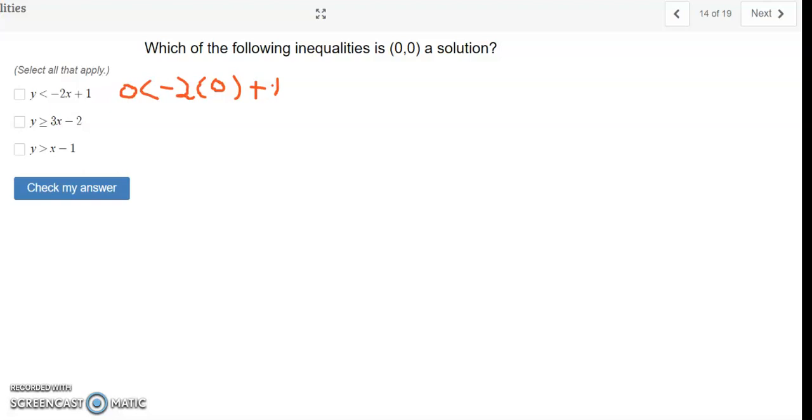So I get 0 is less than 0 plus 1, which is 1. 0 is less than 1. And that's true, so I'm going to say that that's a solution.